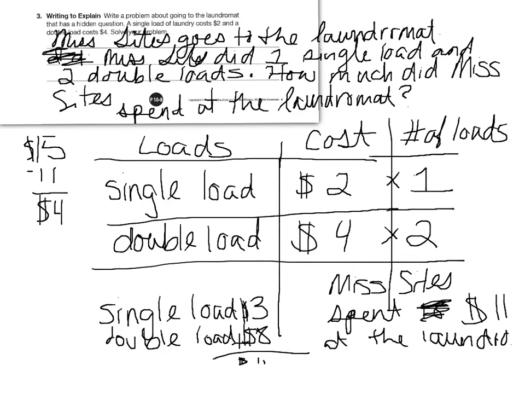Or you could say Miss Seitz had $10. Did she have enough money to do the 2 double loads and the 1 single load? And you would say, no, because, make sure you explain yourself, her single loads would have cost $3 and her double loads would have cost $8, and that equals 11, which is $1 more than $10. She would need $1 more to pay for that.